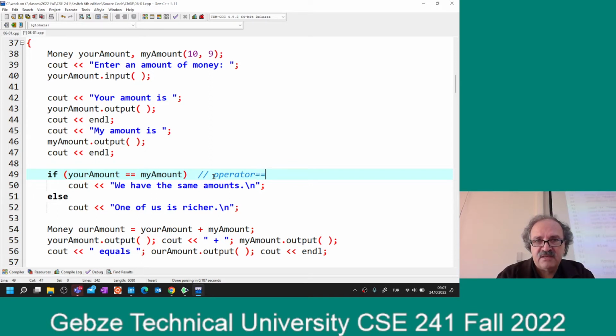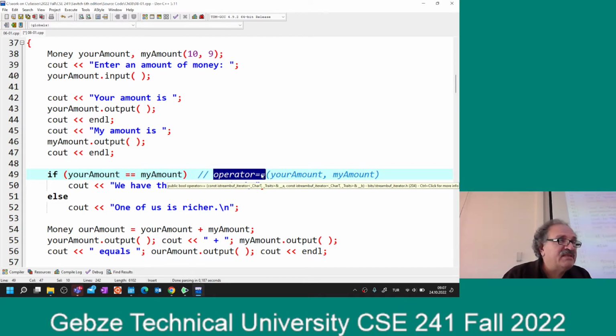Is there a function named operator equal to that will take these two parameters? Can I call this? You might say that this is not a good function name, because in a function name you cannot include these kinds of special characters, but this is just an exception to define this kind of operator.